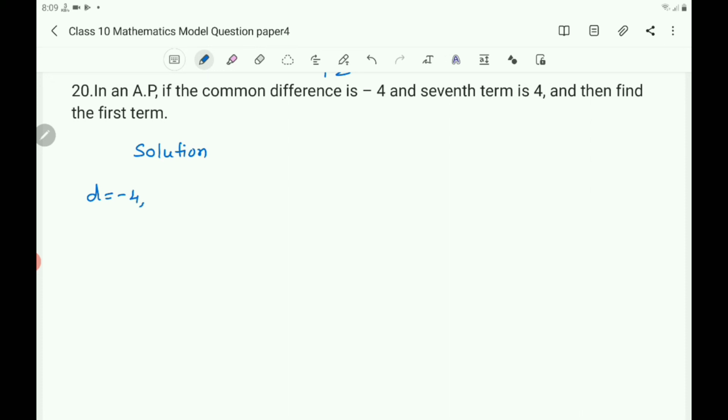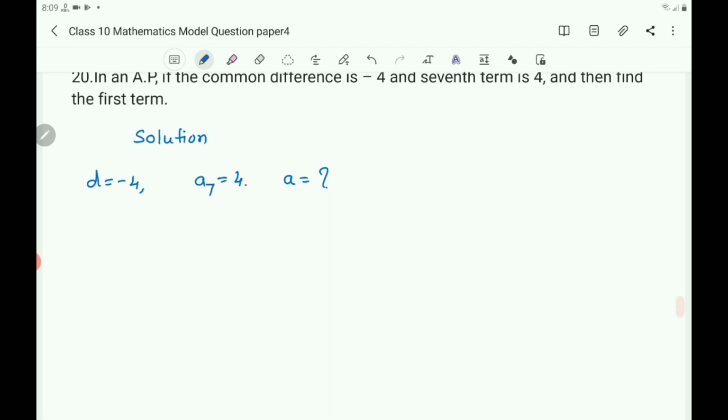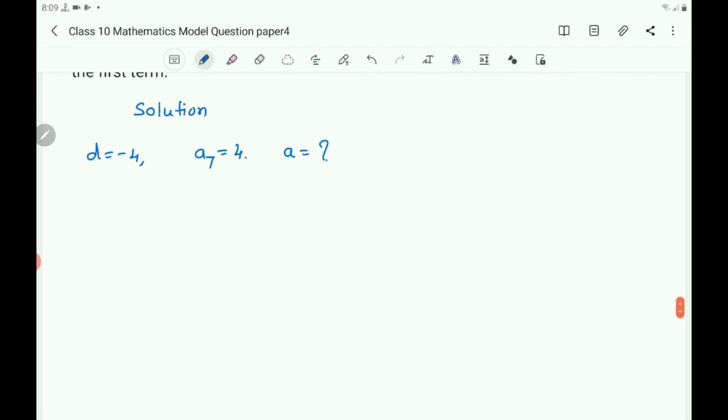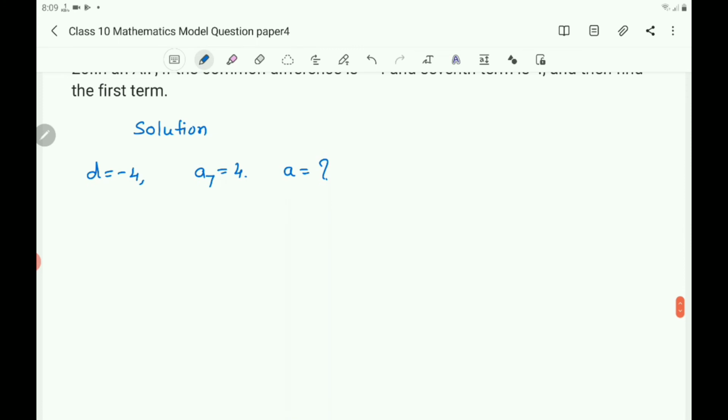Then the seventh term, that is A7 is 4, and find the first term a equals question mark. Then here you use the formula for an. an equals a plus (n minus 1) into d. A7 equals a plus (7 minus 1) into d. D is minus 4, and a7 is 4.